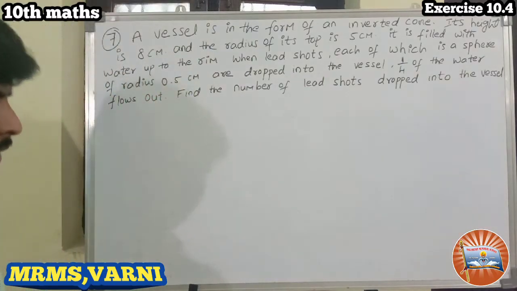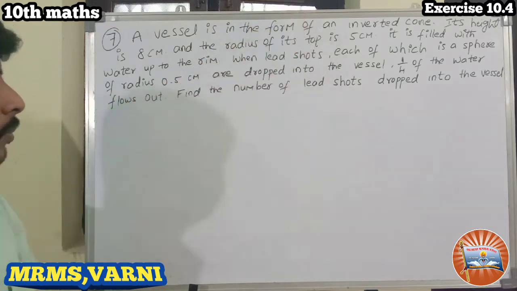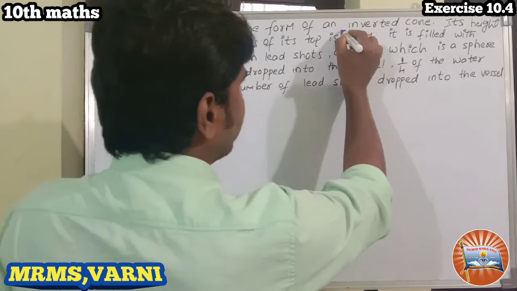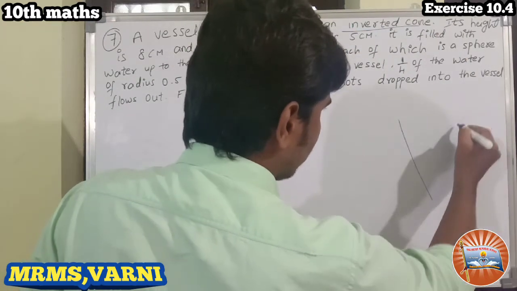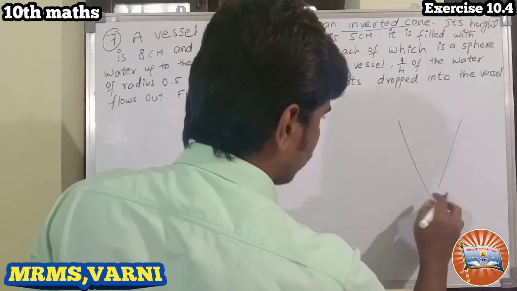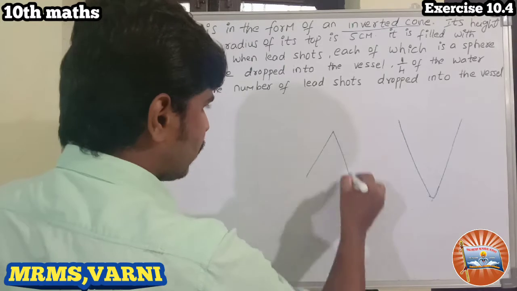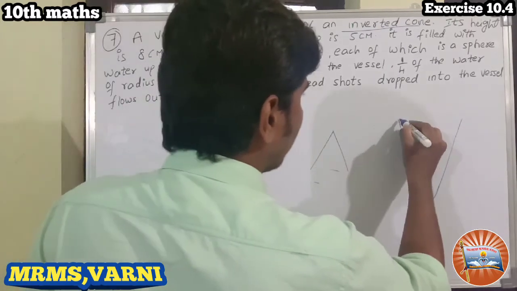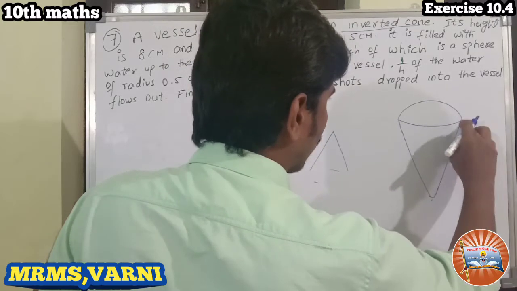Okay, right? So first of all, understand the question carefully. Given a vessel which is in the form of an inverted cone. Generally we draw a cone like this, so inverted means it will be like this. This is the cone given.